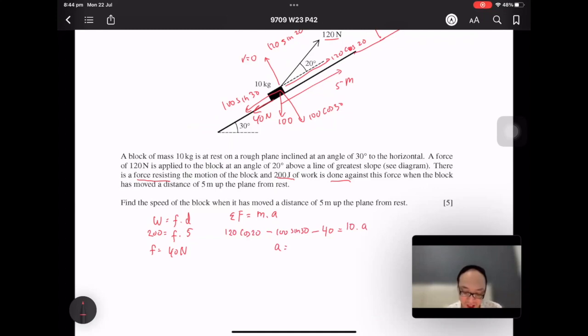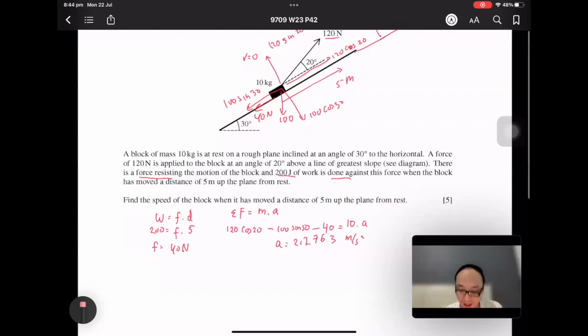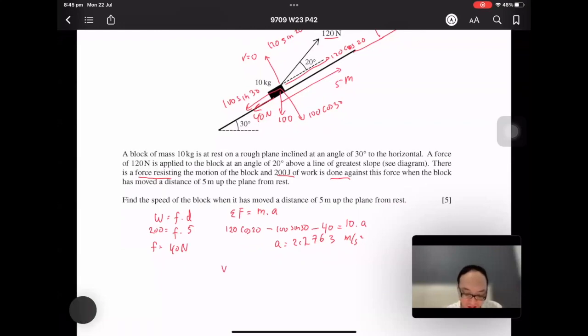So a here will be equal to (120 cos 20 minus 100 sin 30 minus 40) divided by 10. So it's 2.2763 meters per second squared. And using this acceleration, we can find the speed. We can use v squared equals u squared plus 2as.